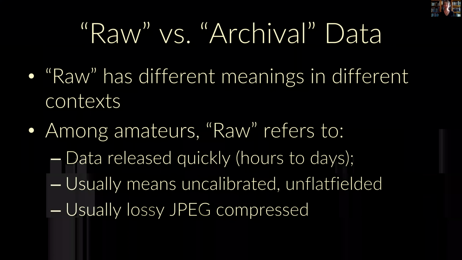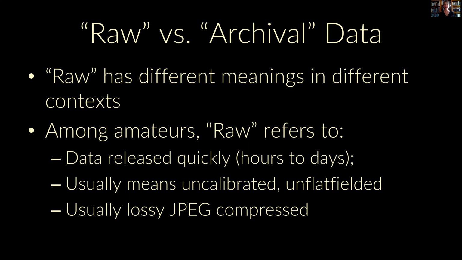A brief mention that the amateur and professional communities have different uses when it comes to what raw and archival data means. Among amateurs, raw data sets refer to the kinds that get rapidly released to the web, like those that were released on the Spirit and Opportunity missions and on Curiosity. They're usually rapidly released, they're uncalibrated, they haven't been flat fielded.